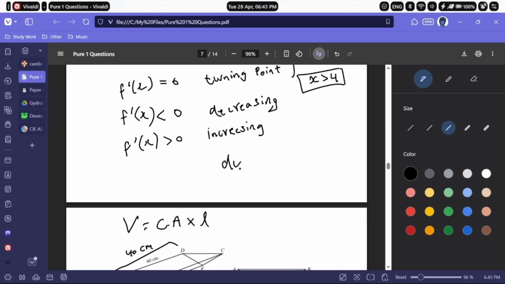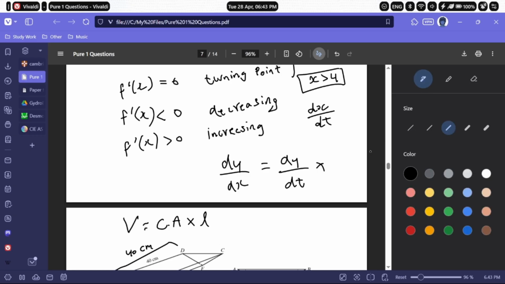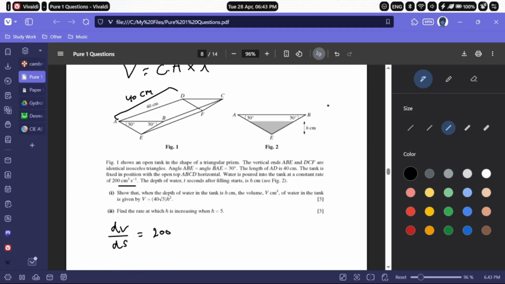So if you have dy by dx, for example, that would be the same as dy by dt times dt by dx. My bad, I wrote the equation wrong. You're multiplying by dt by dx, so you just take the reciprocal of dx by dt to get dt by dx.